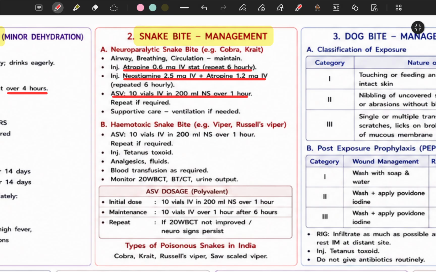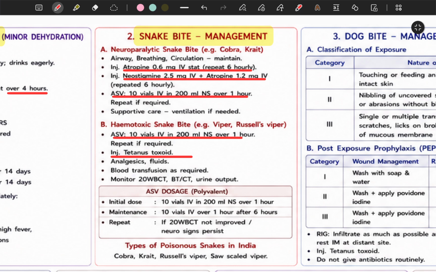Now coming to hemotoxic, you give ASV, 10 vials IV in 200 ml NS over 1 hour, the same as in neuroparalytic. Repeat if required. Injection tetanus toxoid, analgesics, fluids, blood transfusion if required, and monitor 20-minute whole blood clotting time, BT, CT, urine output. In hemotoxic we are not giving atropine and neostigmine; we give those in neuroparalytic snake bite.